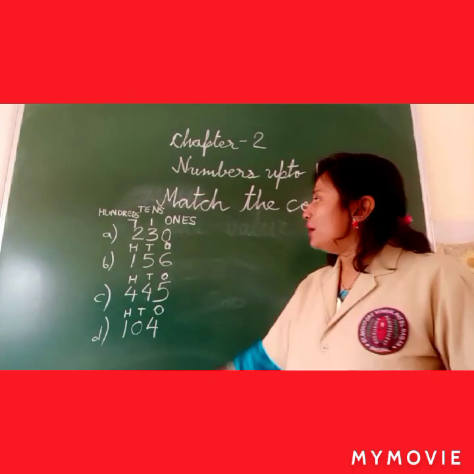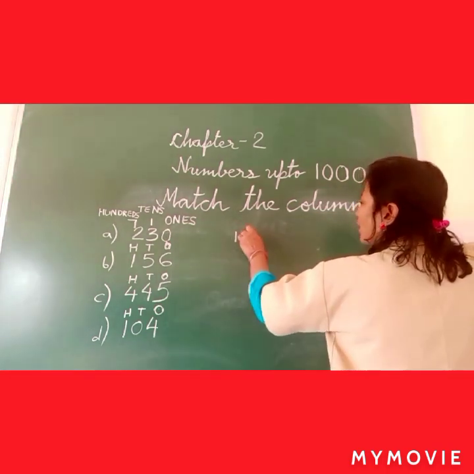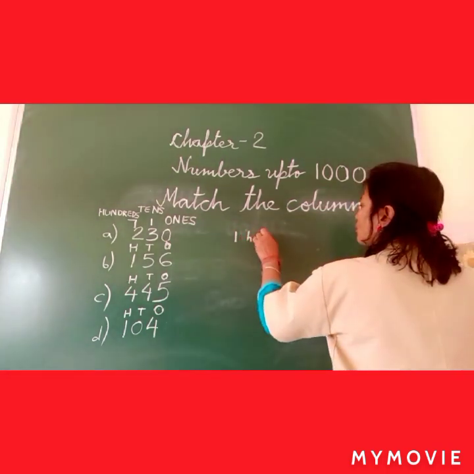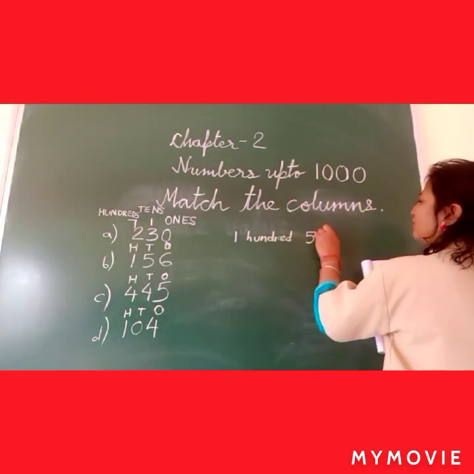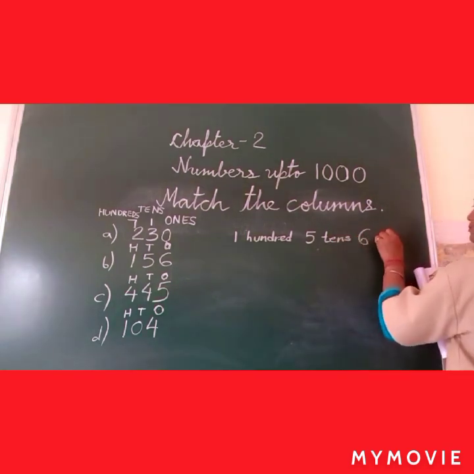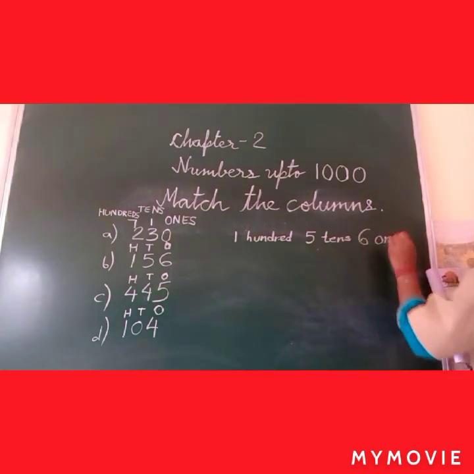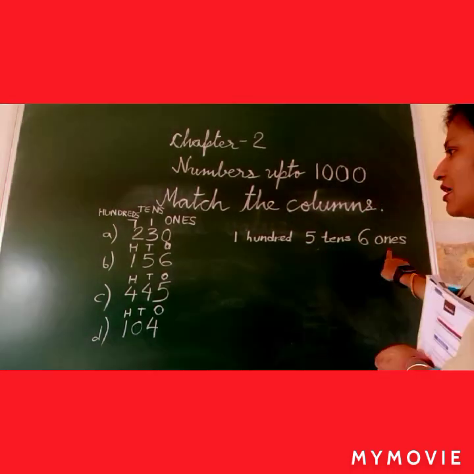Okay. Now let me write the second column. 100, 5 tens, 6 ones. Here you can see 100, 5 tens, 6 ones is written.